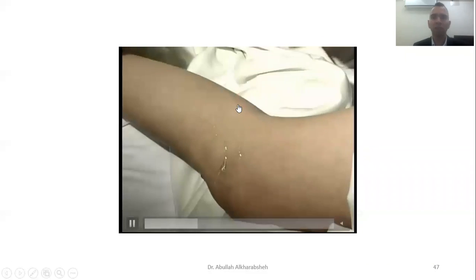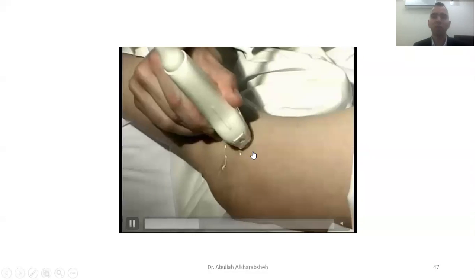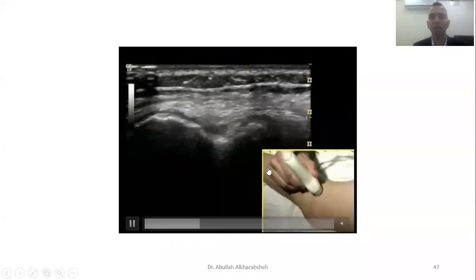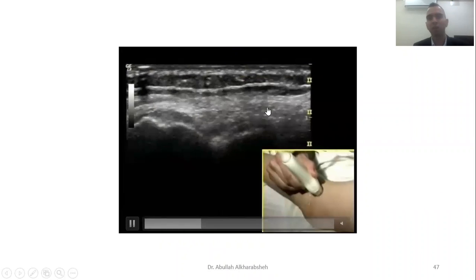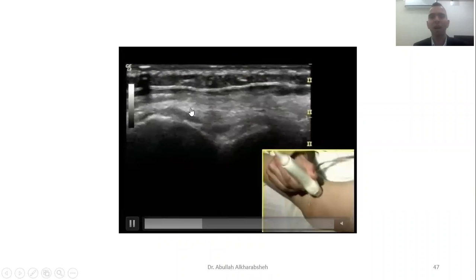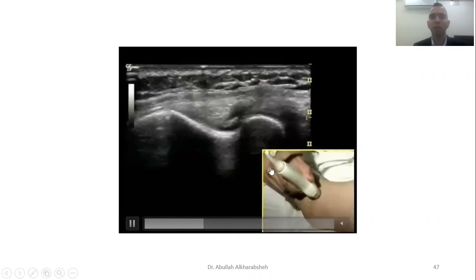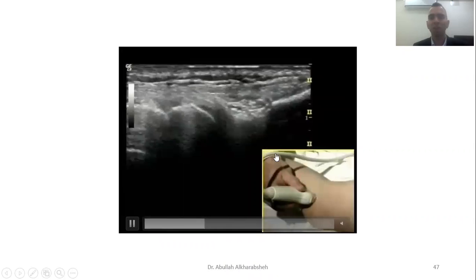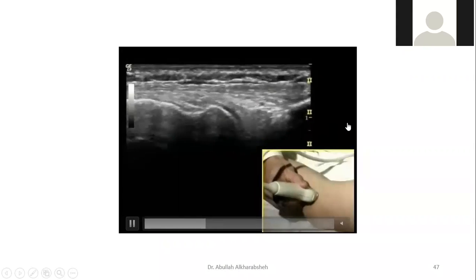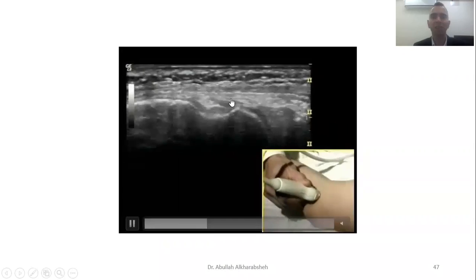And also we see here the lateral collateral ligament. This is the lateral collateral ligament, a hyperechoic fibrillar structure. We should examine it in short axis view and in long axis view.